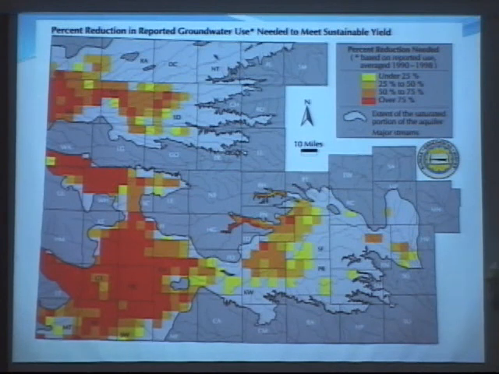Okay, so this one has a kind of a harsh message. It's the percent reduction in reported groundwater use needed to meet a sustainable yield. I take that as part of meaning that safe yield where it would balance the recharge with what you'd be pumping. And the red areas, you'd have to cut back 75% in order to meet that kind of sustainable yield.